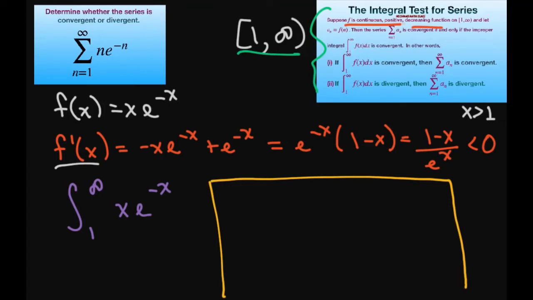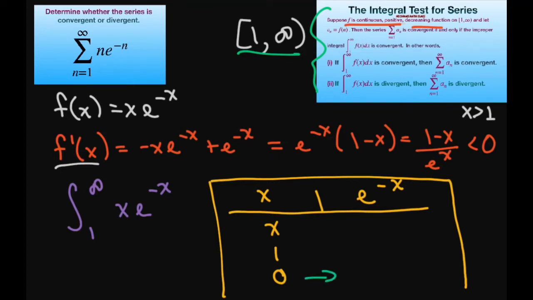I'm going to do tabular integration. So if I write an x here and e to the negative x power here, you copy down your x, take the derivative, and the derivative of 1 is 0. And then you do the integrals all the way till we get to 0.